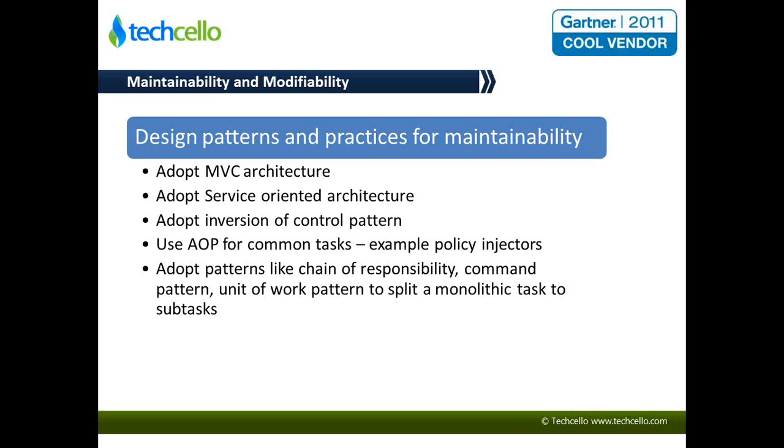Adopt the inversion of control pattern and AOP for common tasks. For example, AOP can be used wherever you are instrumenting, wherever you are catching exceptions, and so on. Adopt patterns like chain of responsibility, command pattern, and unit of work pattern, which split a single monolithic task into multiple subtasks and perform them.